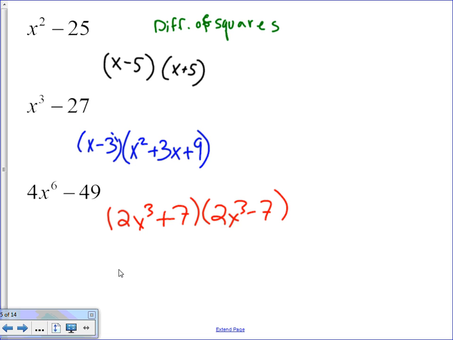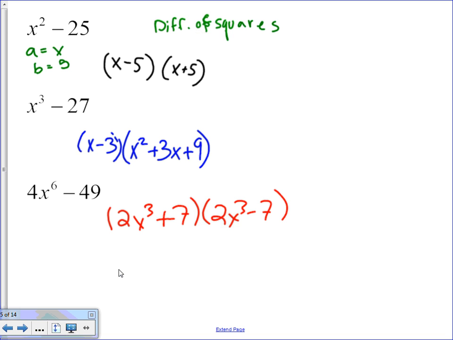You notice that x squared is a perfect square and 25 is a perfect square. Remember that when you put them into the factors, a and b are the square roots of those numbers. So what is the square root of x squared? X. What is the square root of 25? 5. So we're replacing the a plus b, a minus b with x plus 5, x minus 5.